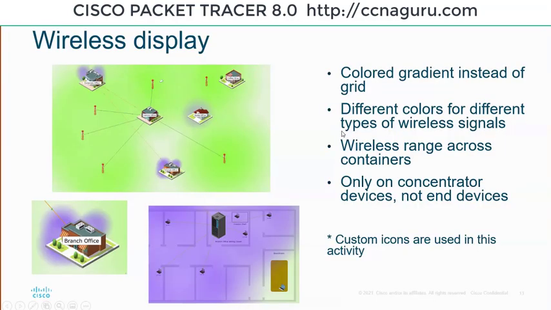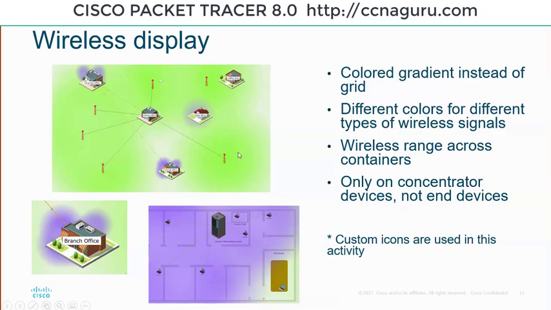And I really love how the wireless display now looks in Packet Tracer. If you can remember, before this improvement, the wireless range was shown more like a circle with a dash fill in it. Now it is more of a color gradient instead of this grid. Also, different colors represent different types of wireless signals.